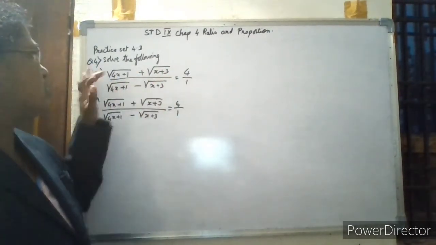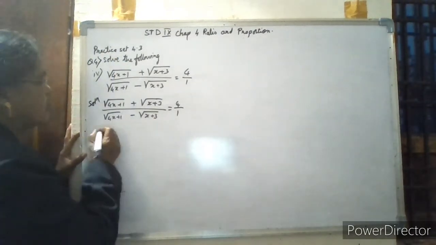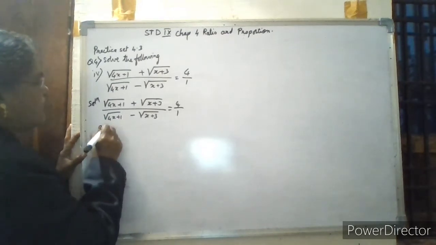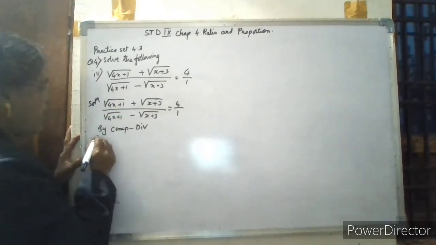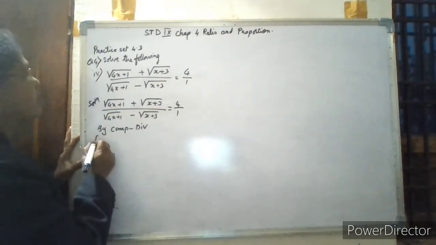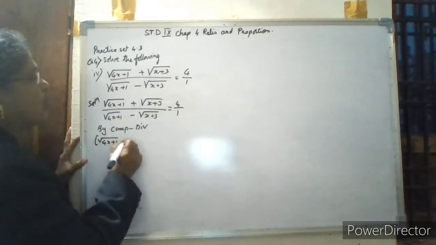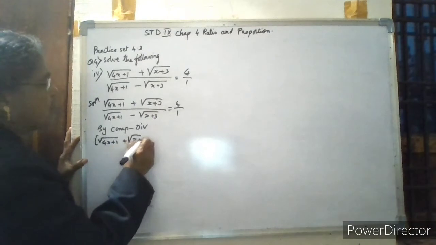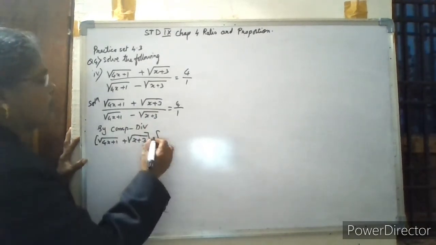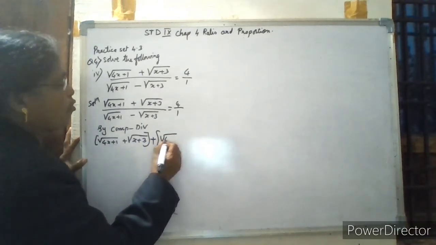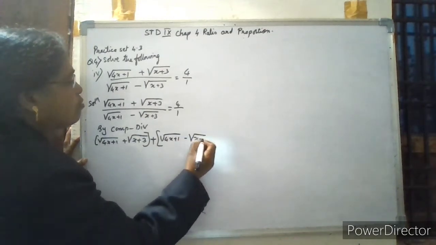Here componendo dividendo is used. So we have to again use componendo dividendo. See, again the same way, put it in the square bracket. This root of 4x plus 1 plus root of x plus 3 plus, componendo, write the full denominator, root of 4x plus 1 minus root of x plus 3, close the bracket.